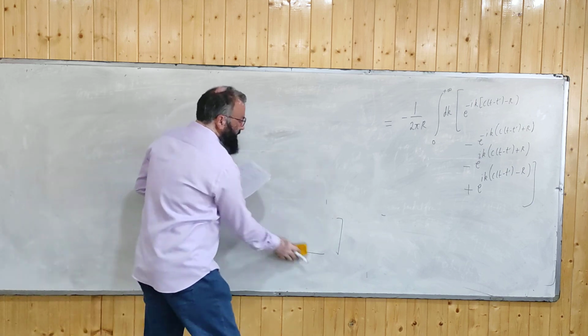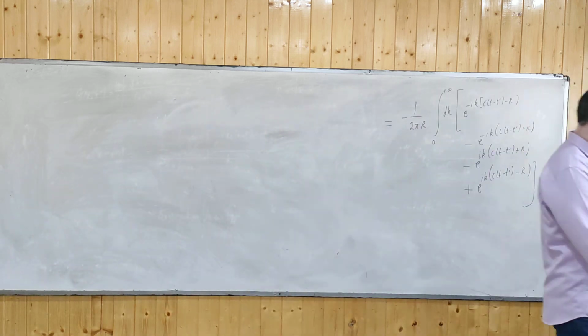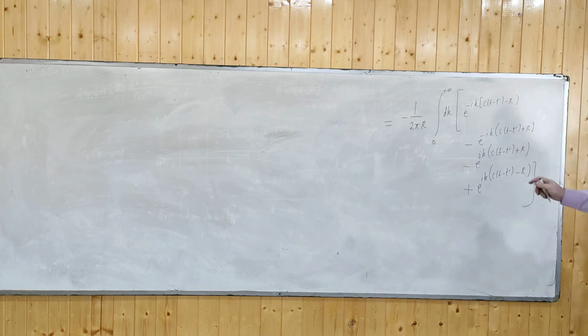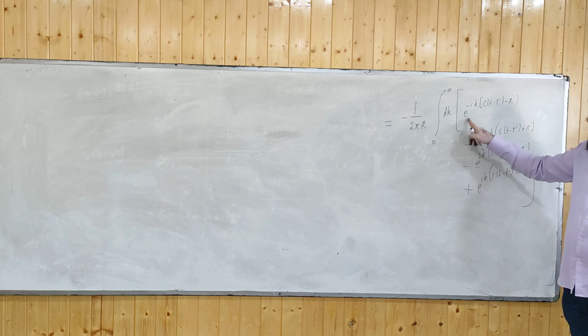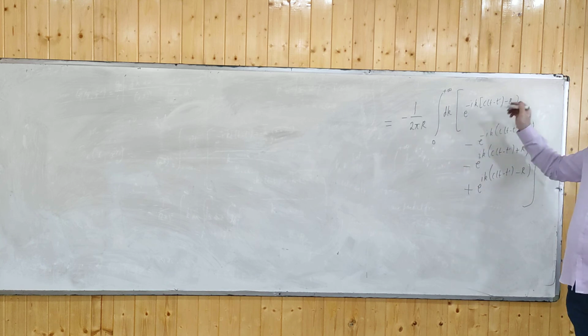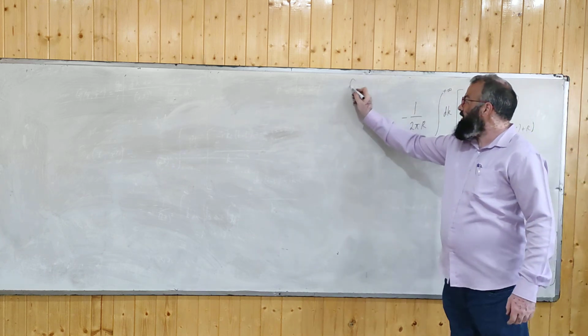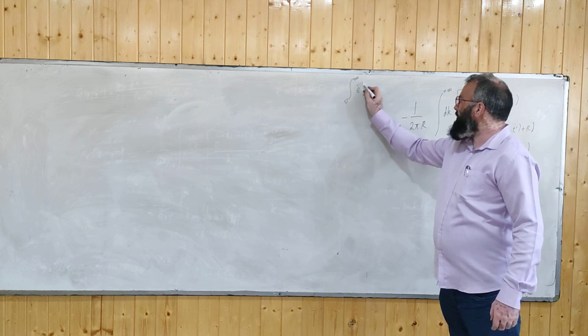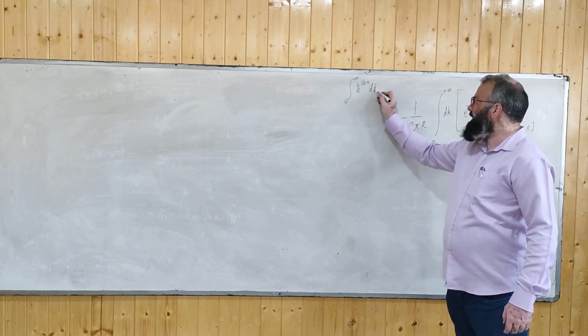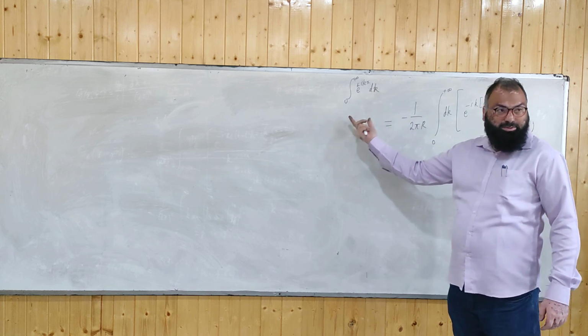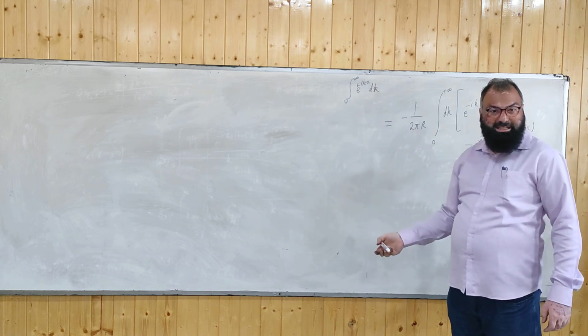Let me tell you here. Look at this thing. This is an integral from 0 to infinity, is it? Now you are having 0 to infinity of e raised to the power of an exponential, so it's this kind of integral: 0 to infinity, e raised to the power i k x, plus or minus i k x, dk. So what is the value of this very integral? Anybody?